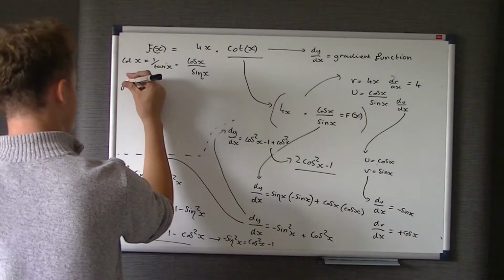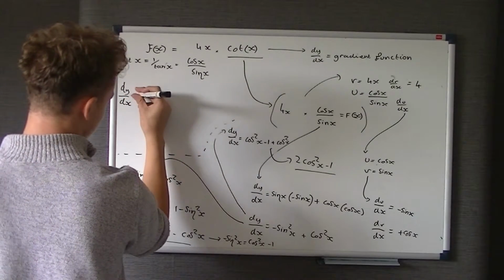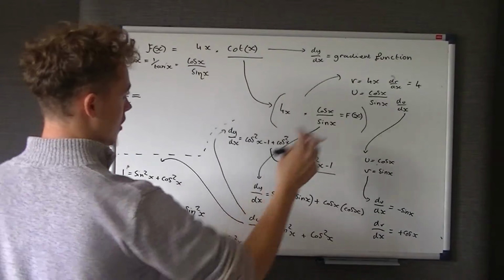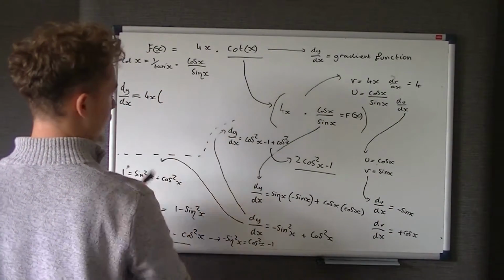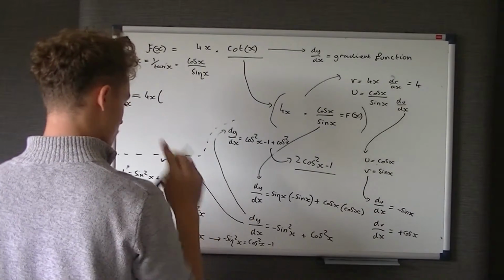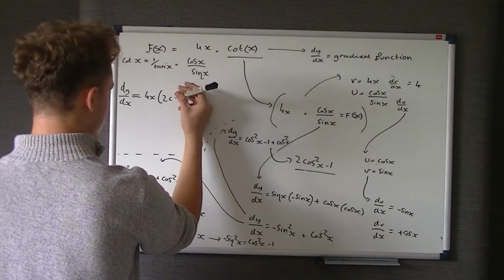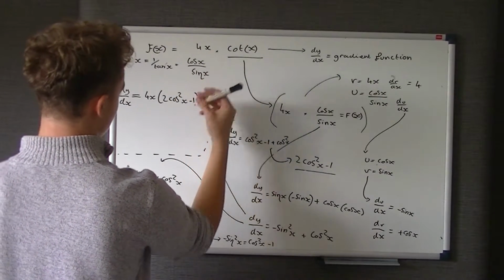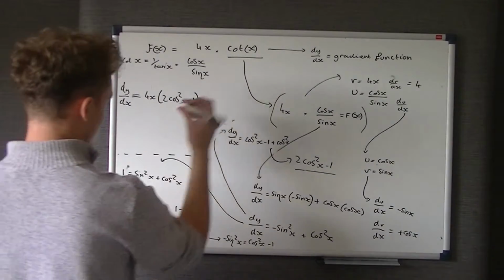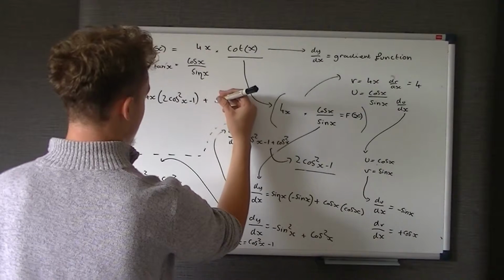So dy by dx equals, and we've got our v, so 4x times the differential of u, which is cot x, which is what we said here, 2 cos squared x take 1, plus the cot x.